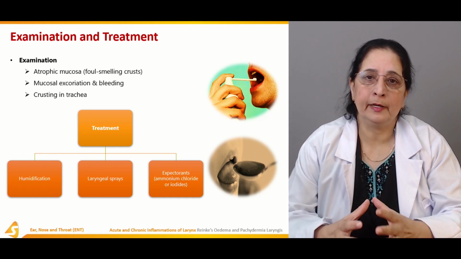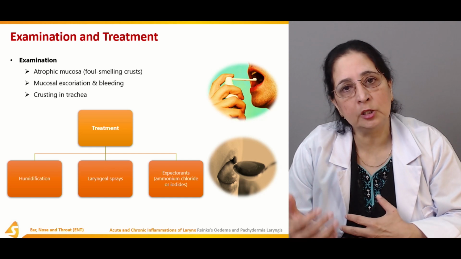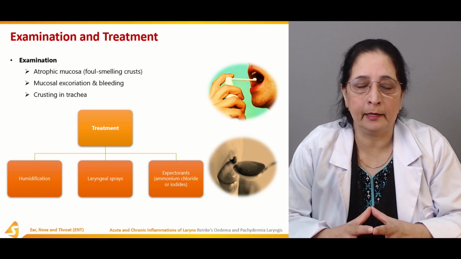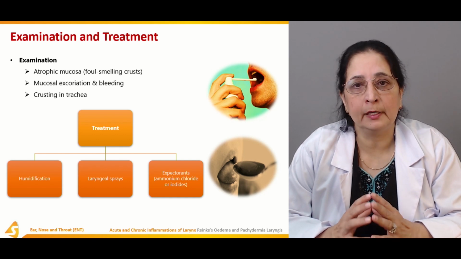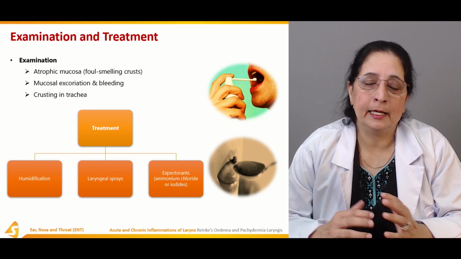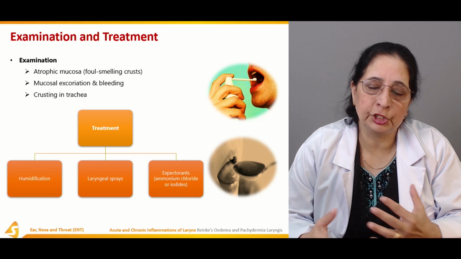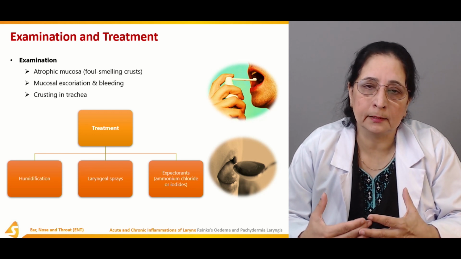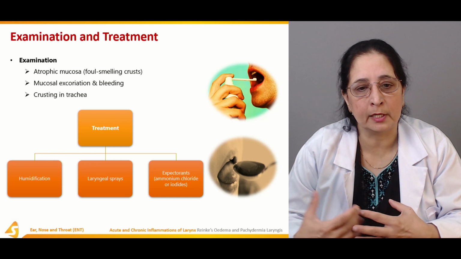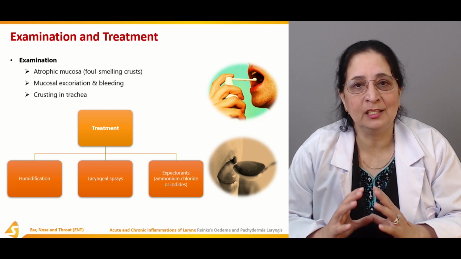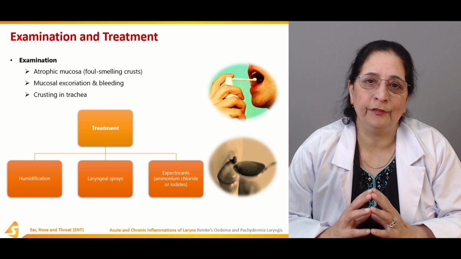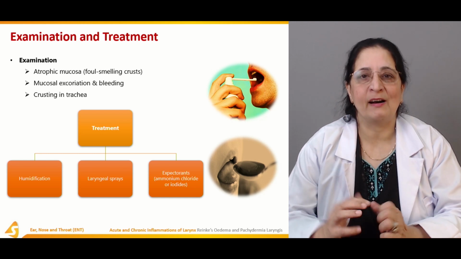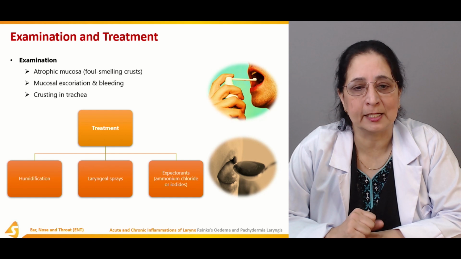So, atrophic laryngitis is associated with atrophic pharyngitis and atrophic rhinitis, and it can also cause obstruction and then cause hoarseness of the voice. On examination, there is atrophic mucosa, and that atrophic mucosa usually has foul-smelling crusts present.